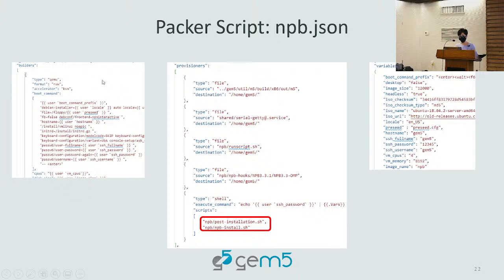The builder is actually a configuration for the virtual machine that's going to be run by QEMU, and a setup of things like password and users, so it can actually log in once Ubuntu is installed on it. So it's more like a configuration file. The provisioners are actually the files that you need to load into your disk image. This is probably the part that you need to change if you want to modify a disk image.